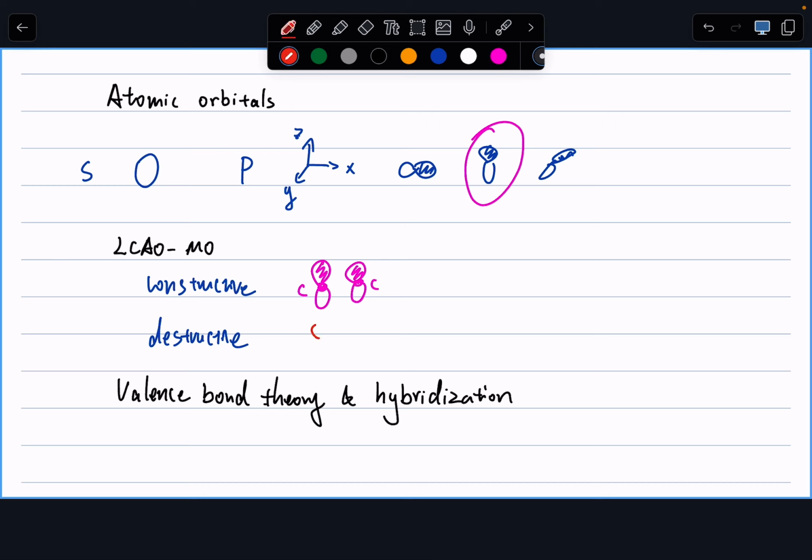Alternatively, you can also have destructive interference where the lobes do not interfere constructively with each other, so we end up with a node in between. For the constructive interference, we call them bonding MO, and for the destructive interference, we call them anti-bonding MO. So that's the LCAO-MO theory, or linear combination of atomic orbitals.